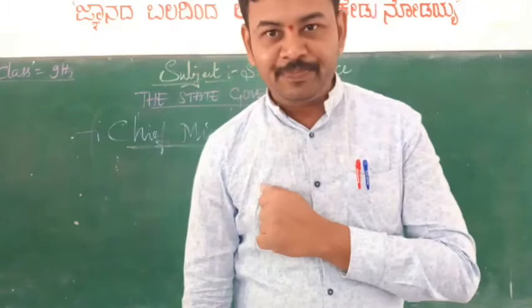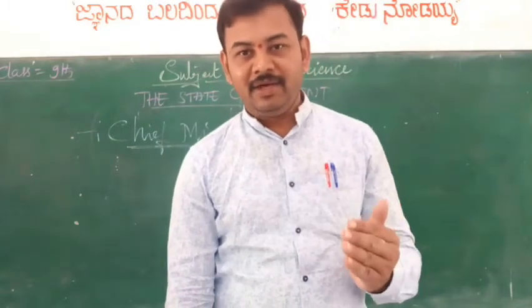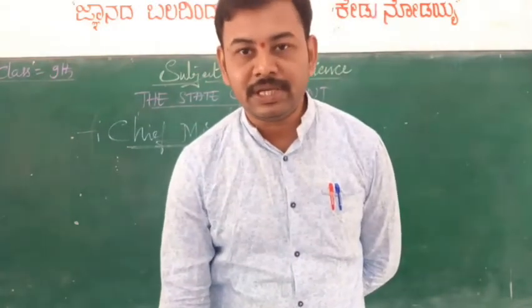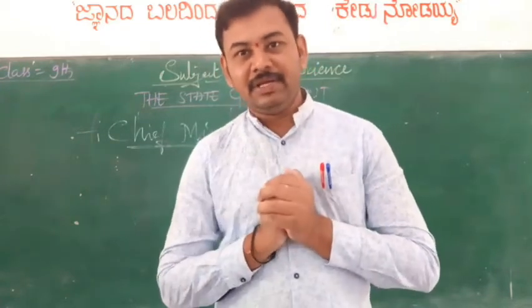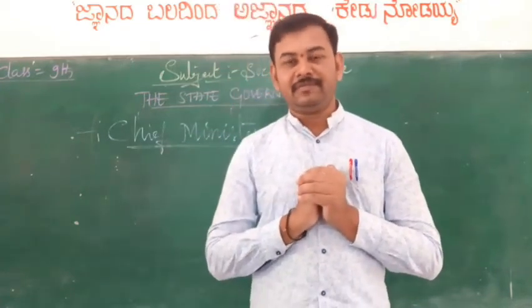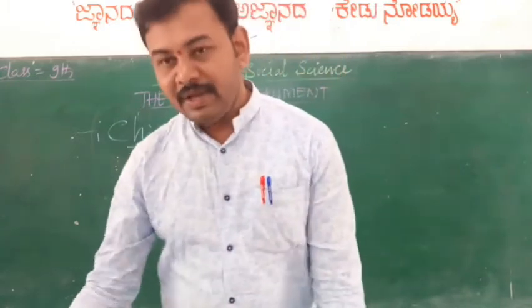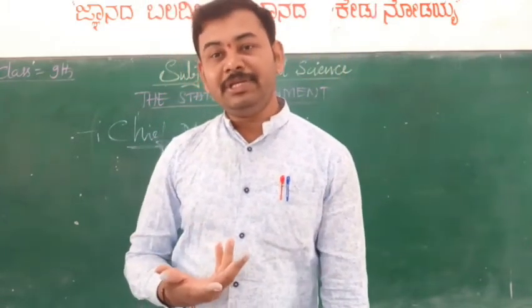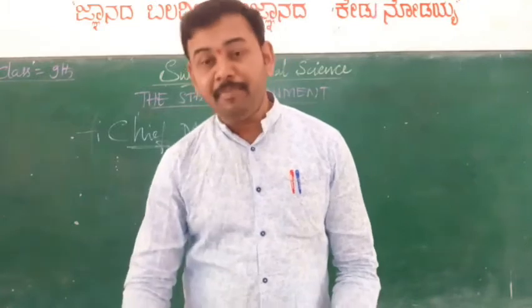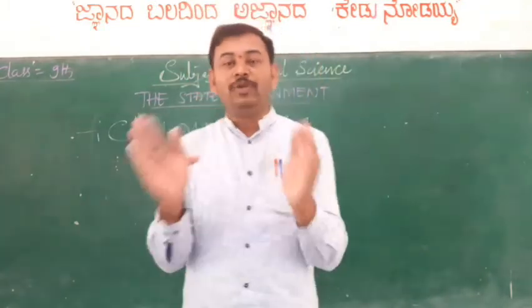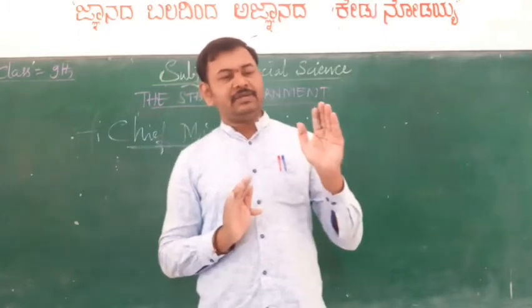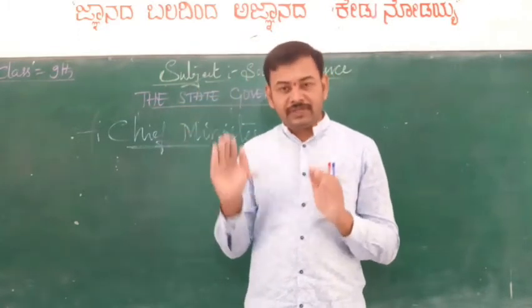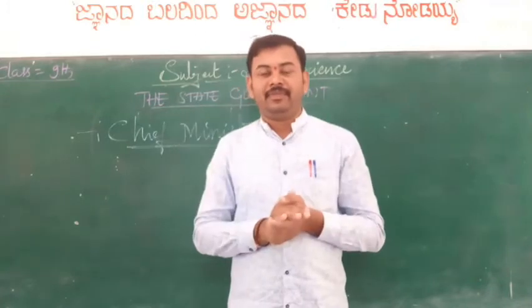I told you earlier, who is the present Chief Minister of Karnataka state? Yes, very good. Honorable B.S. Yediyurappa is the present Chief Minister of the state. Very good. Let us see how the Chief Minister plays a very important role in the development of the whole state.